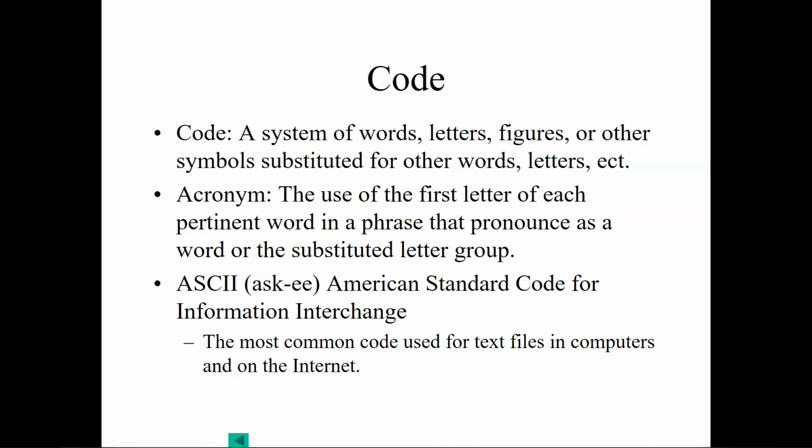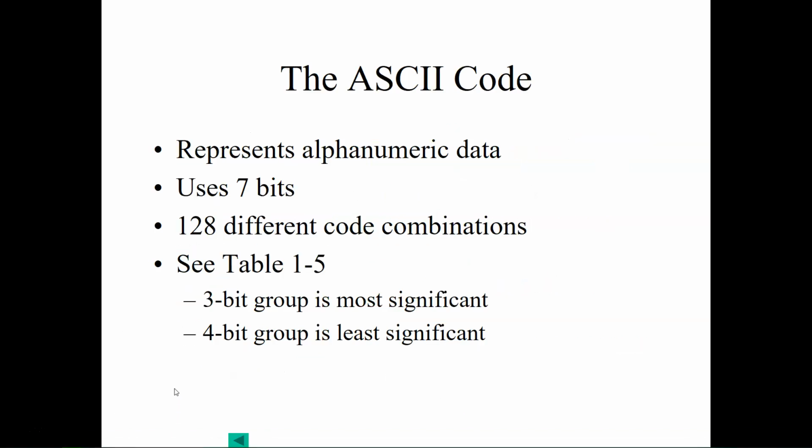And then we have what's called the ASCII, which is the American Standard Code for Information Interchange. And that's what is typically used by computers and the internet to convey that information. All right, so the ASCII code, it's been around for a while, ever since computers really.